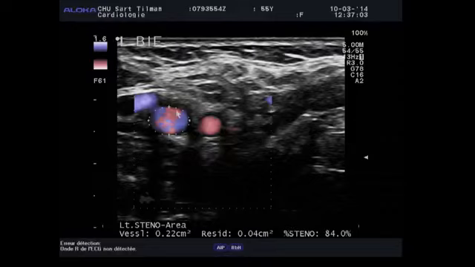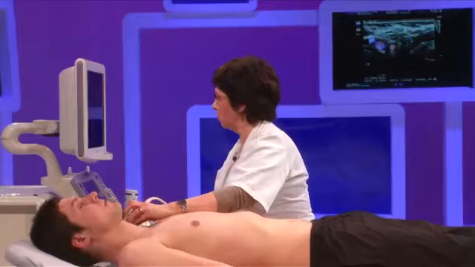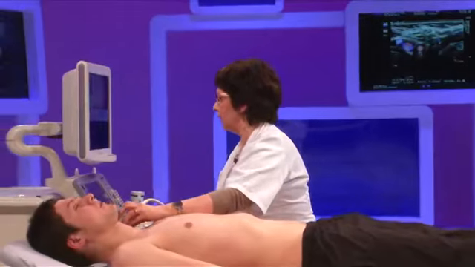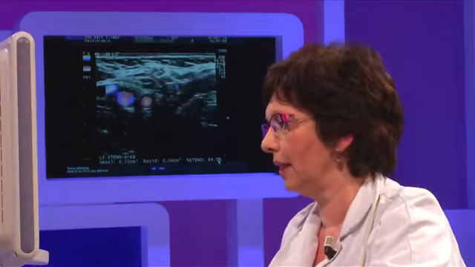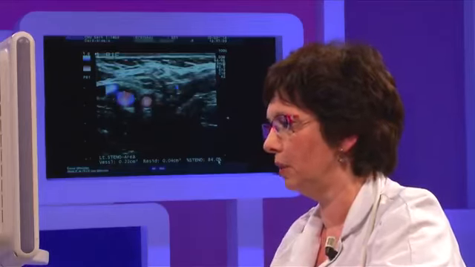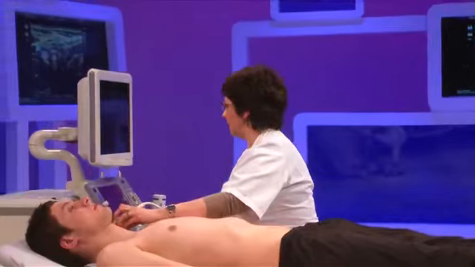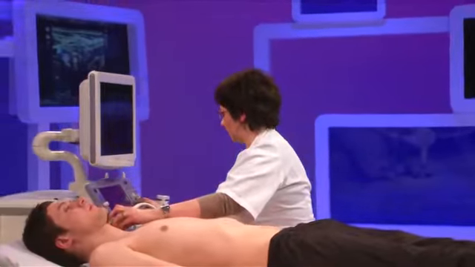So if you have an eccentric stenosis, you're allowed to use area measurement, but just keep in mind that you will overestimate the stenosis, and be careful when you communicate with other doctors about your patient. It's not an 84 stenosis. It's 84% according to area measurement, but it's about 75% according to Nesset.